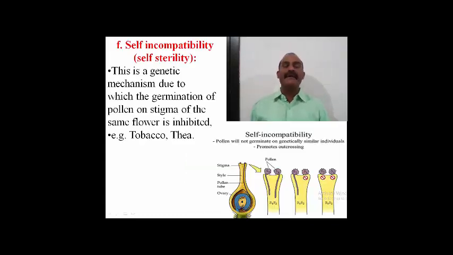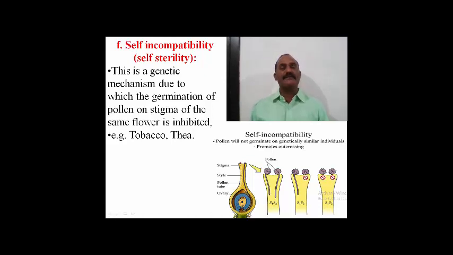Then self-incompatibility, or self-sterility, represents another contrivance for one type of pollination, cross-pollination. This is a genetic mechanism due to which germination of pollen grain on the stigma of the same flower is inhibited due to the presence of certain biochemical agents.